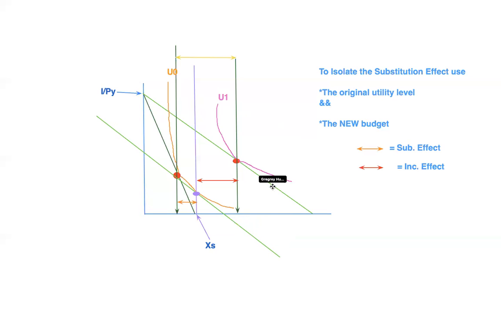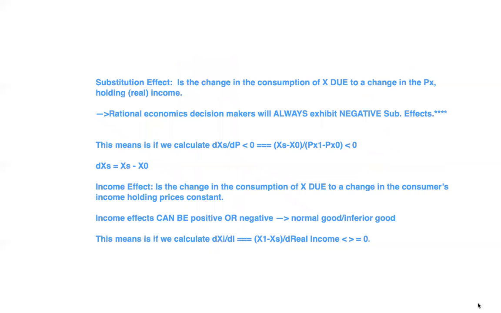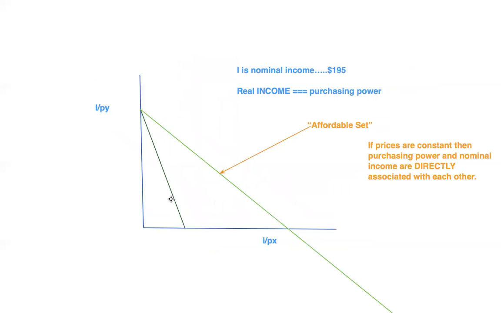Because remember, the prices are represented by the slope of the budget. So what we're able to do is take this price change and see what part of it is due to just the real purchasing power, and what part is due to just the price change by itself.